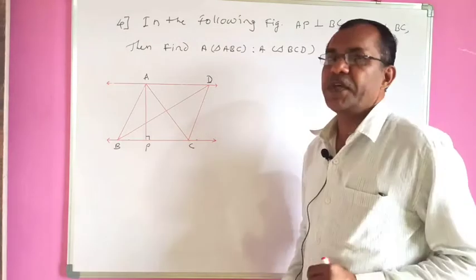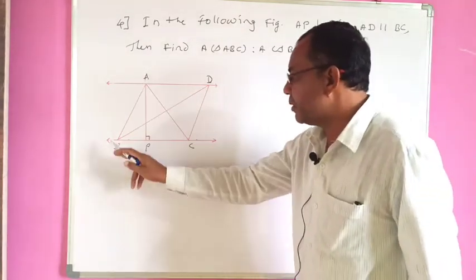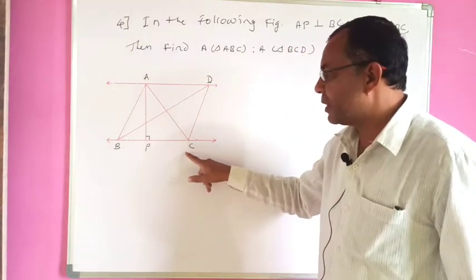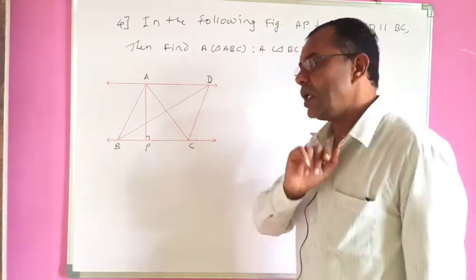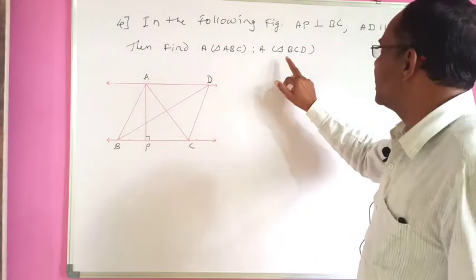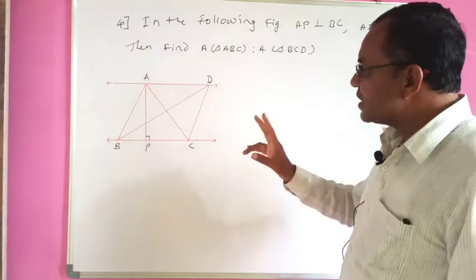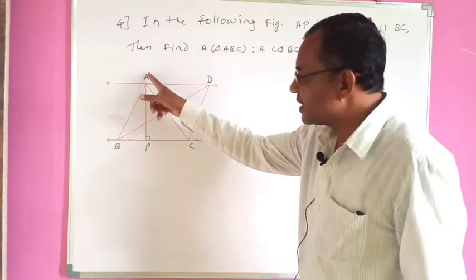Now in this figure, the first triangle is ABC. Okay, and what is the base here? BC is the base of this triangle and AP is the height of this triangle. Okay, now see here, in the second triangle, that is BCD, BC is a base, and what is the height? Height AP is the same here.